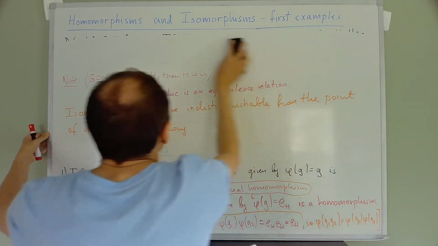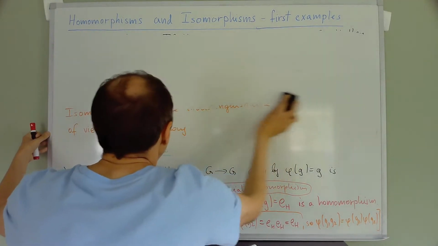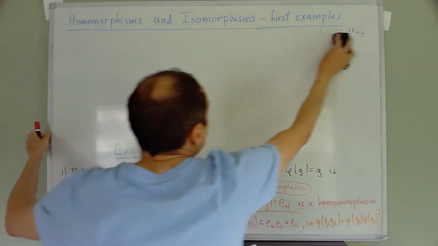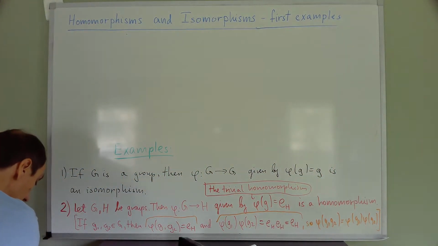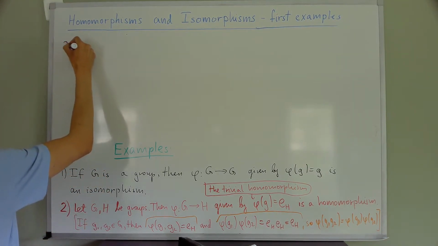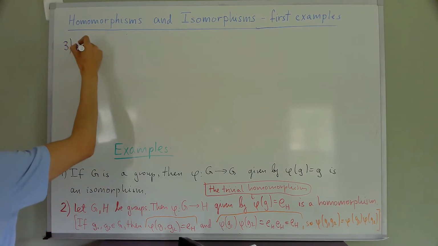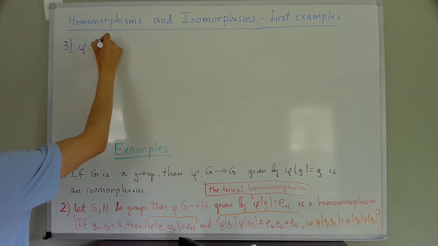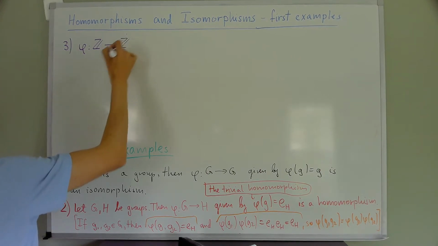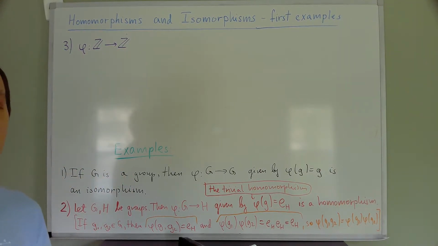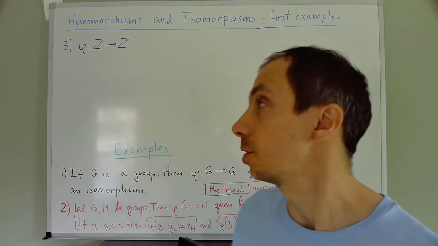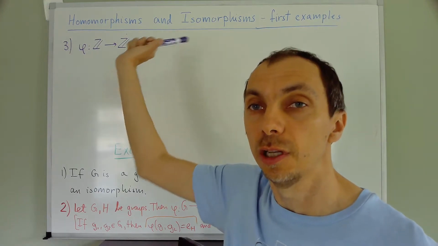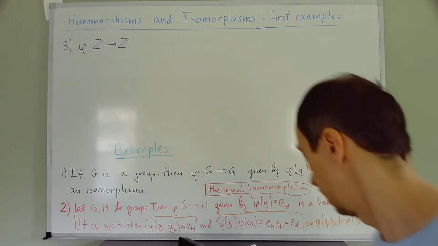You bet there are. So, example 3. I'm looking at the map from the integers to the integers, and here the group operation is addition, and here the group operation is also addition.